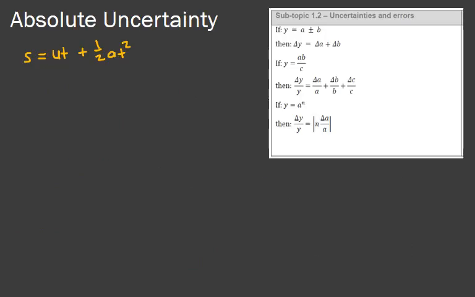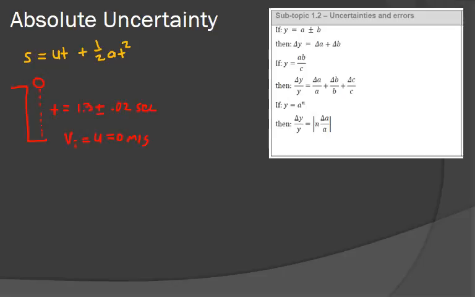All right, so let's take a look at this final example for this tutorial. We have a free fall sample here where we have an object that's starting from rest and falling, takes 1.3 seconds plus or minus 0.02. Again, I should put another value here.